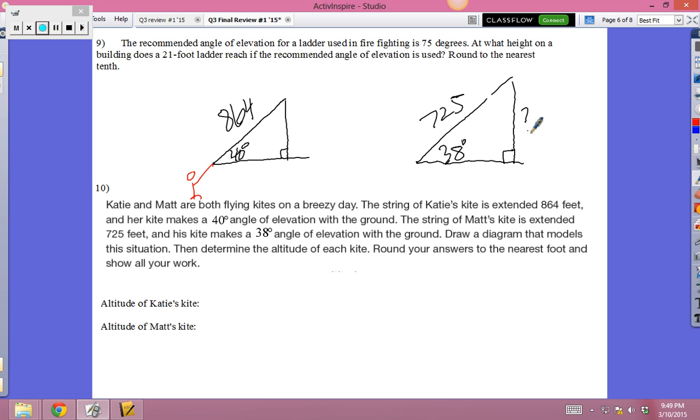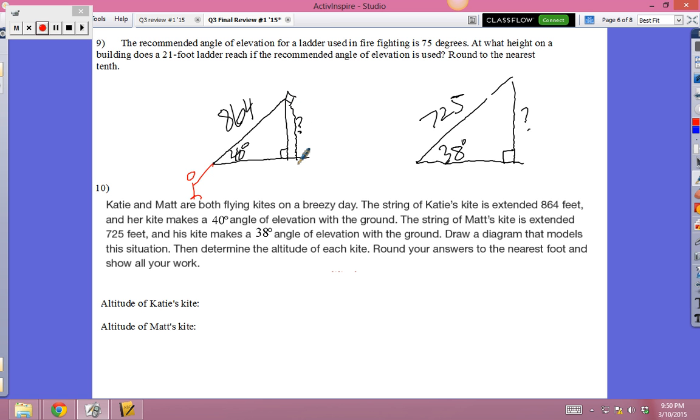So there's my triangle. They want this piece right here. That's kind of a bad question, because they want to know the altitude of each kite. So right here is the kite. The kite is right here. So how high is this kite off the ground?